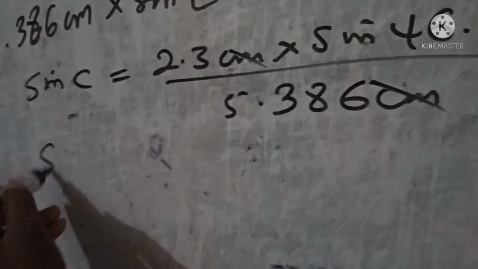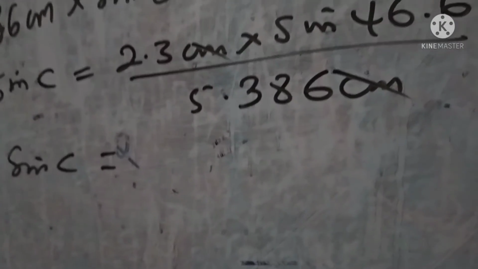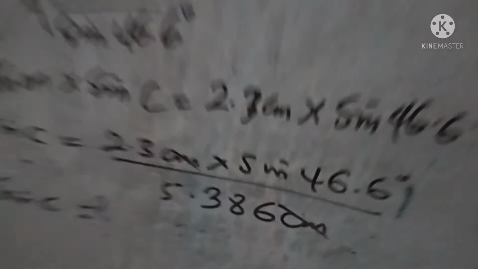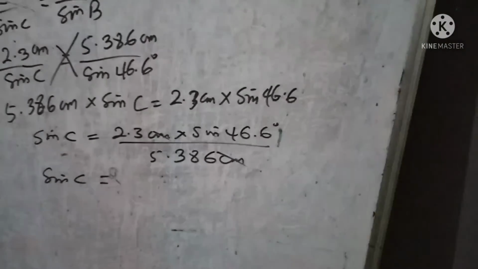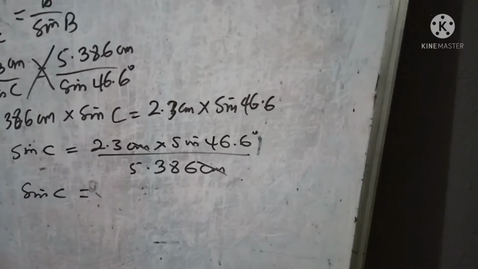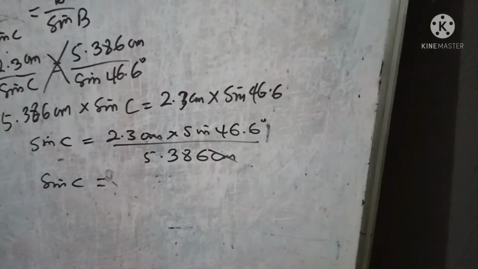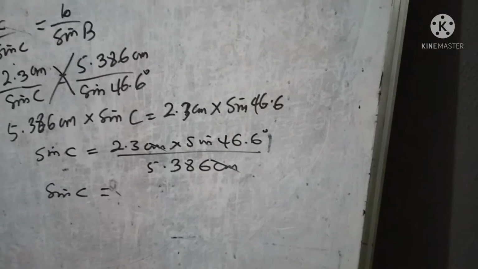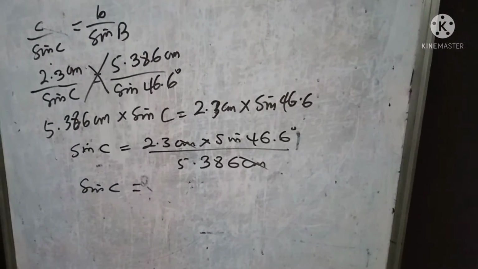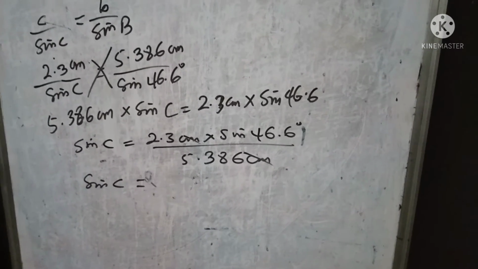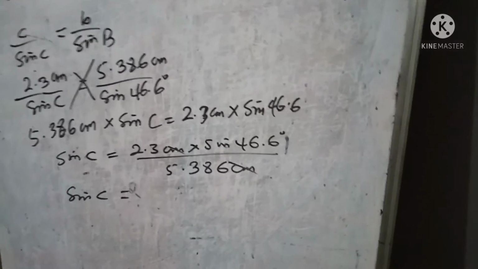So multiply everything up and divide by 5.386. So you are multiplying 2.3 by sine 46.6. You now divide by 5.386. And what will that give us? So divide straight.